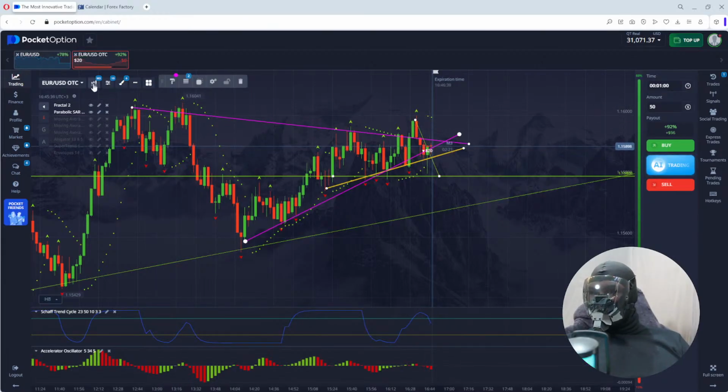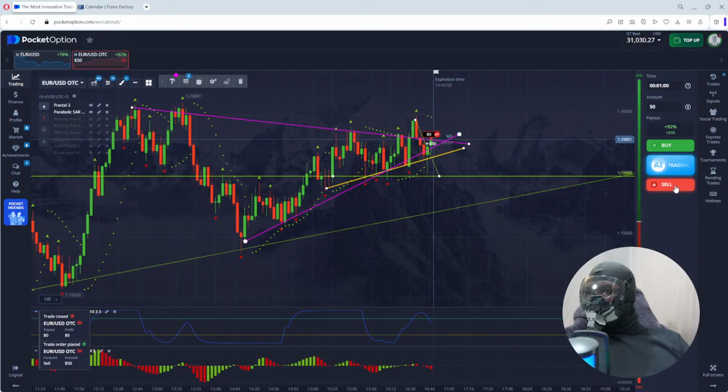So with a 3-minute interval and 6-minute expiration, we should be seeing a downward movement some more. But within these 6 minutes, it could go up a little bit higher and close our position out of the money.